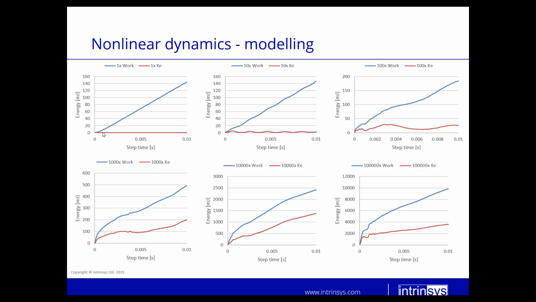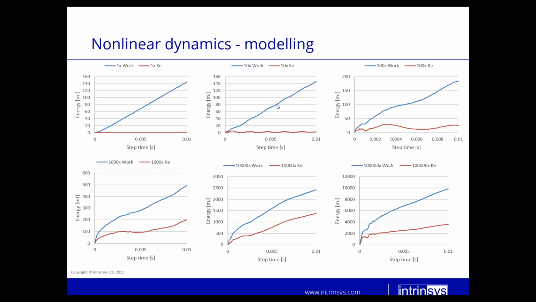So we might see a little increase in kinetic energy, but for all intents and purposes, this is negligible to the work. Now, if we increase the simulation speed by 10, what we can see is we start to have more kinetic energy because everything is happening faster.